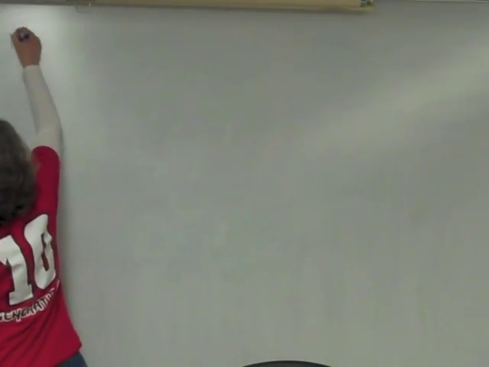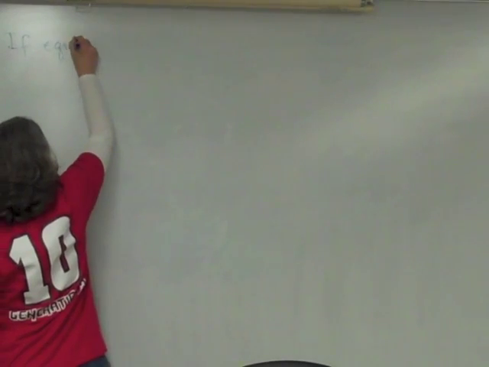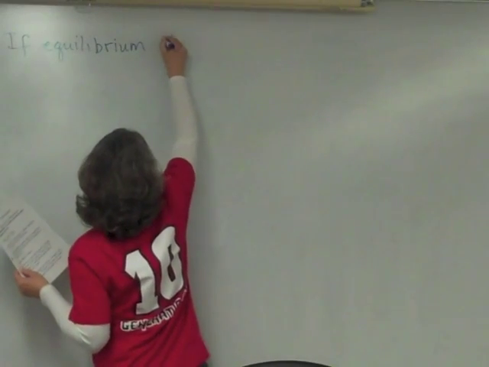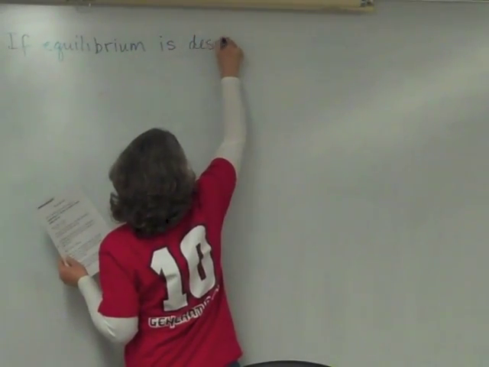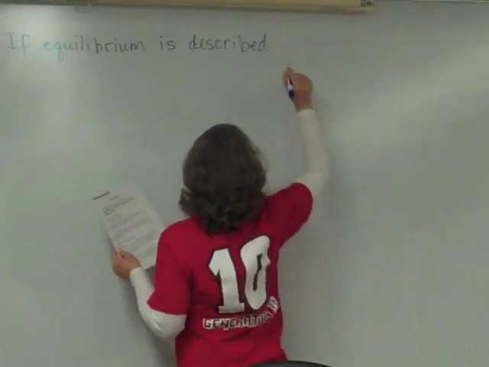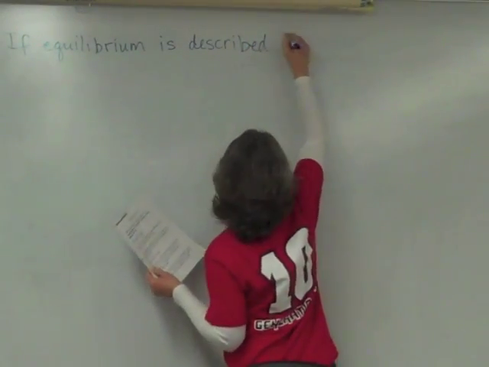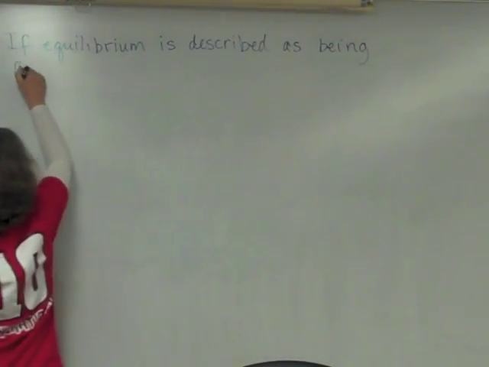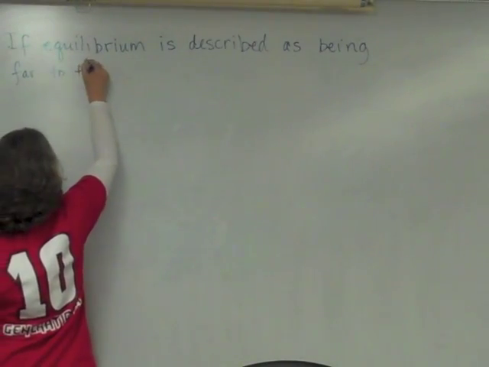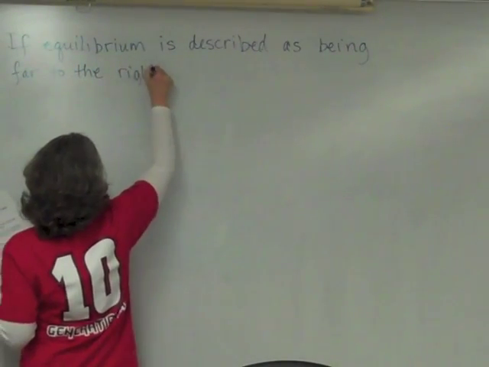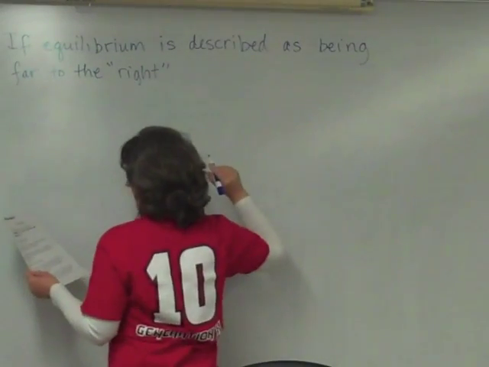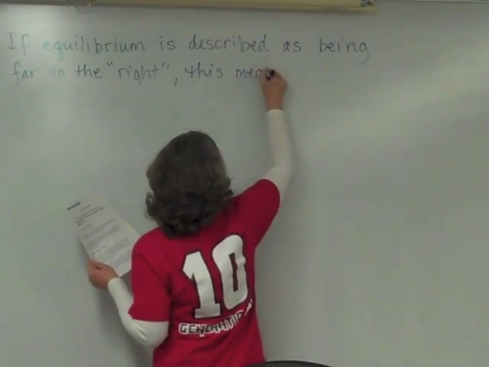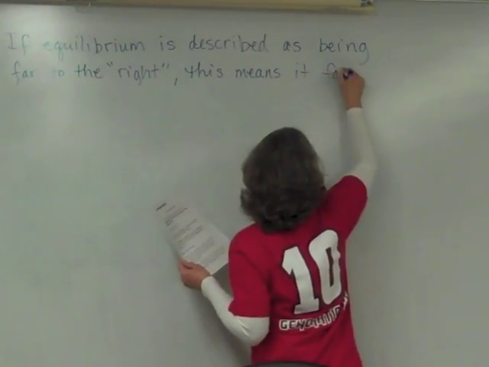If equilibrium is described as being far to the right, this means it favors products.